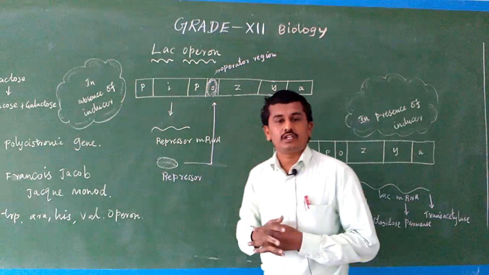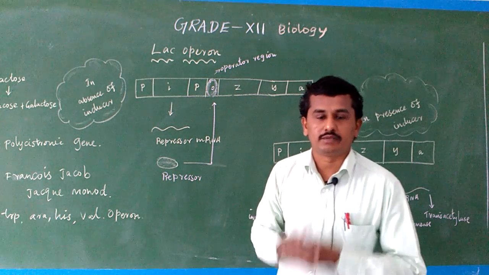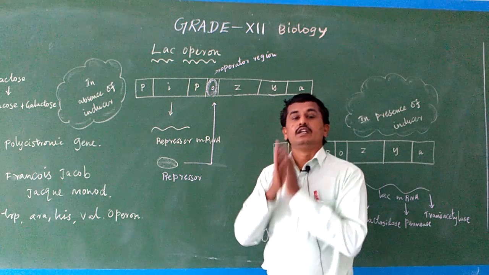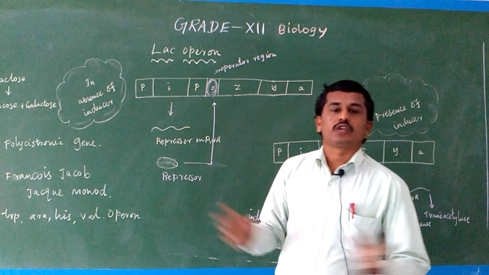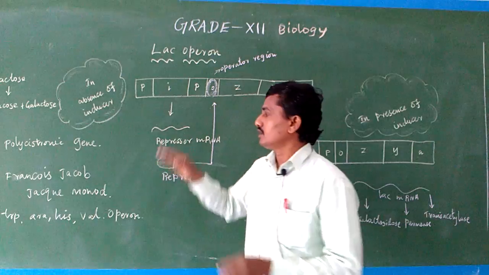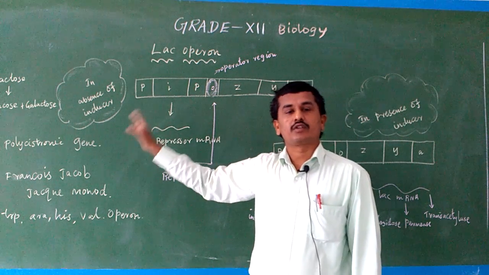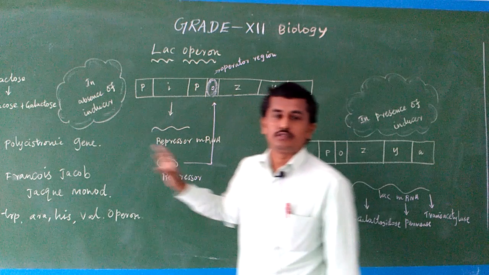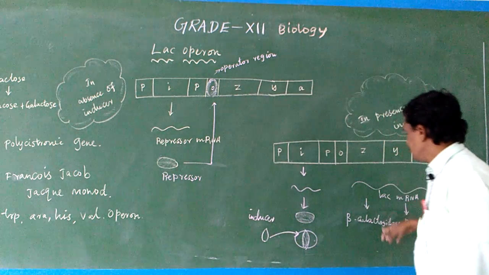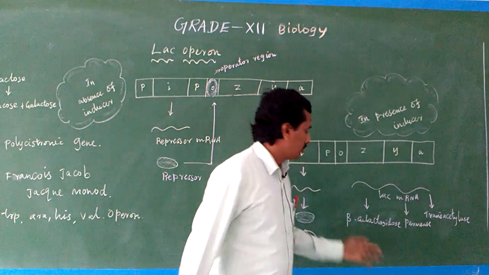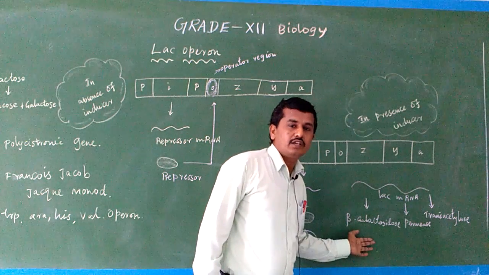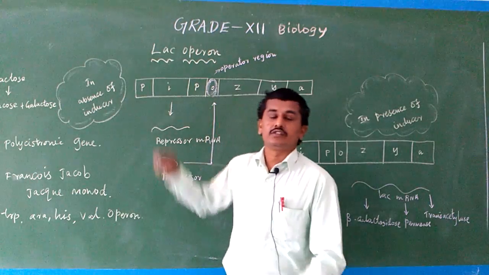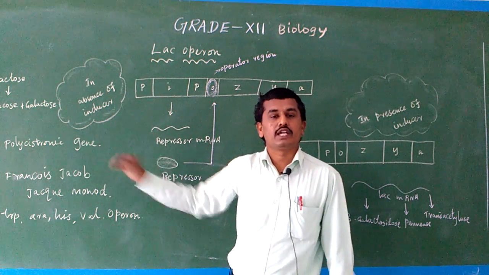Lactose, we know, is a disaccharide, a carbohydrate present in milk. To break the lactose disaccharide and convert it into monosaccharides, glucose and galactose, beta galactosidase is used. This enzyme is important, the only enzyme which breaks lactose into glucose and galactose.